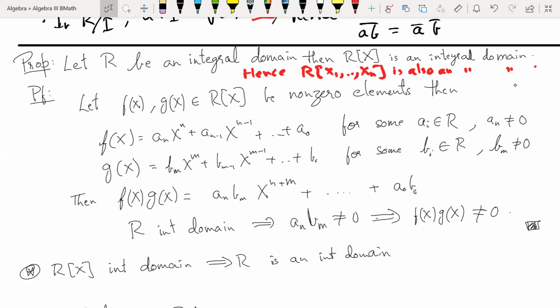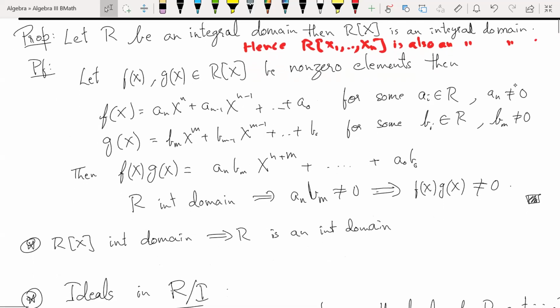And similarly, g(x) is some polynomial of degree m, so b_m must be non-zero, then only is it a polynomial of degree m. So f(x) and g(x) look like this for some n and m, and some a_0 to a_n and some b_0 to b_m in the ring R.